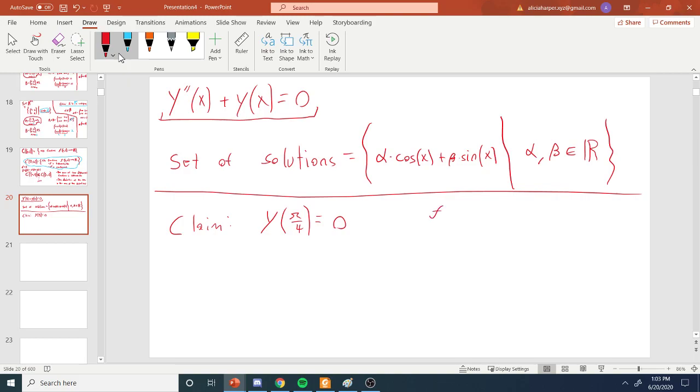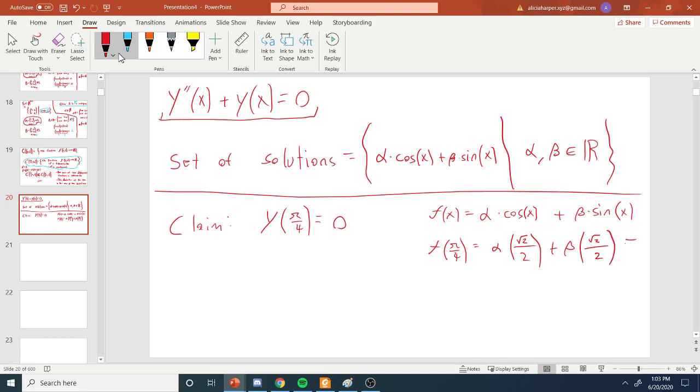So for such a function, f of x equals alpha times cosine of x plus beta times sine of x. If we evaluate this at pi over 4, then we get f of pi over 4 is equal to alpha times the square root of 2 over 2 plus beta times the square root of 2 over 2.